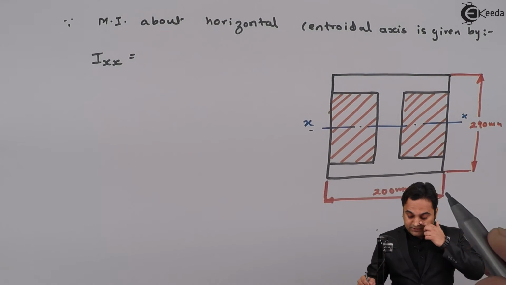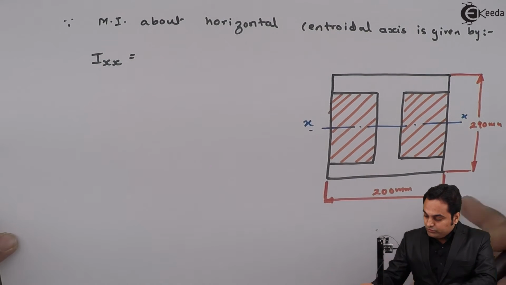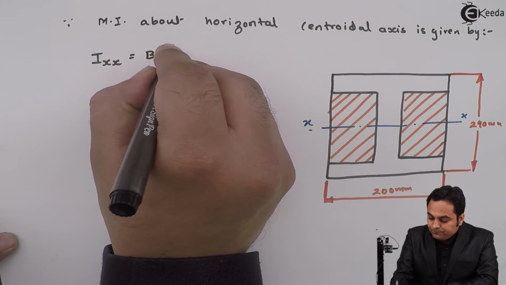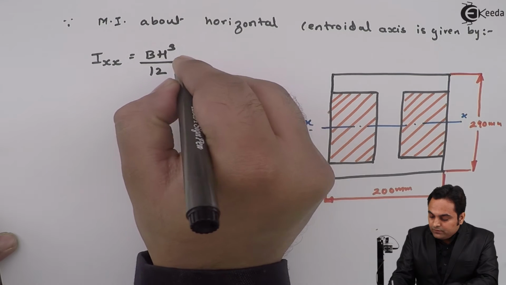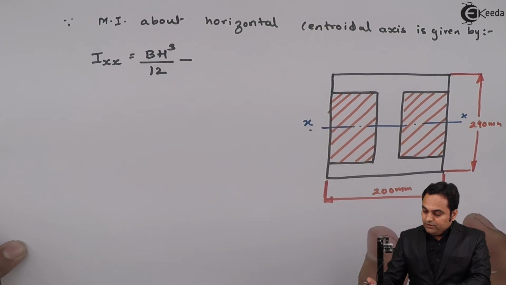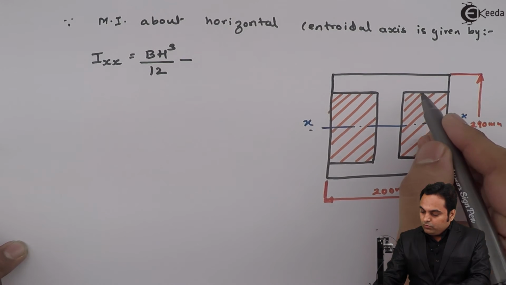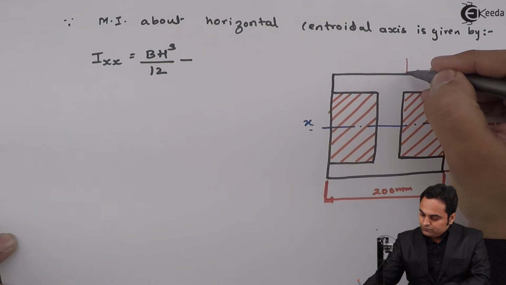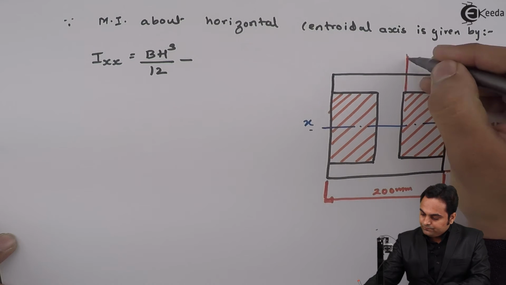So about x-axis the moment of inertia of the outer rectangle will be capital B H cube by 12. From that I am subtracting the moment of inertia for one small rectangle, which is this rectangle.